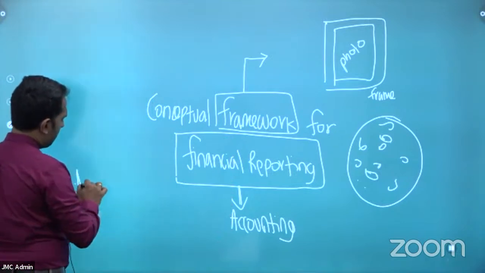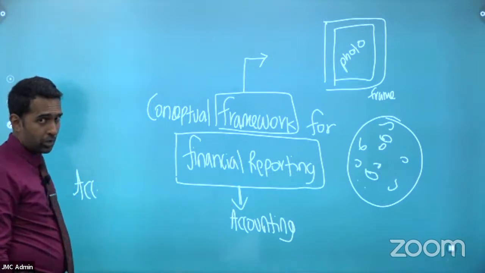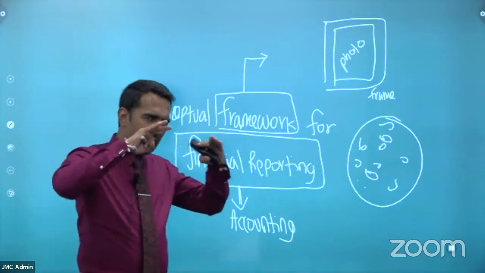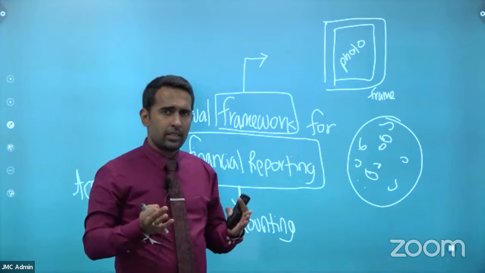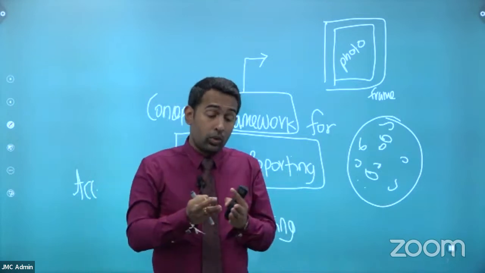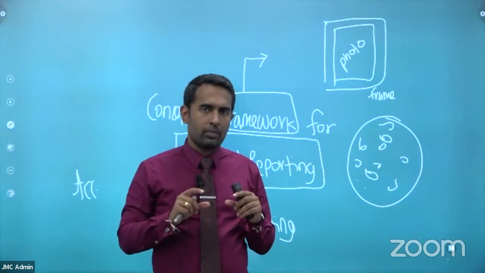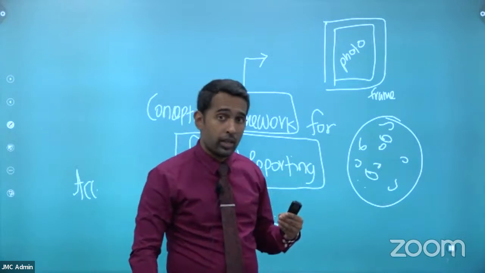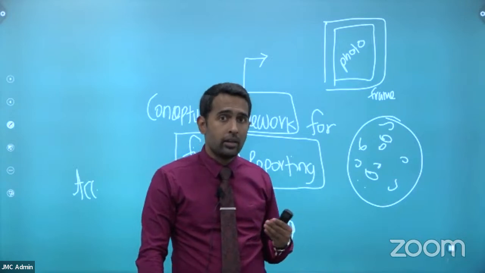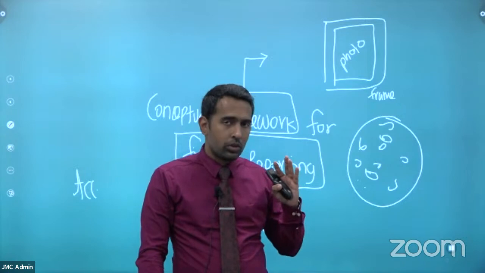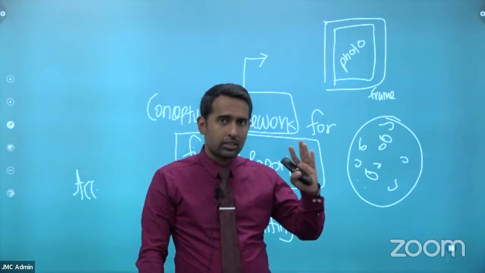Now, when it comes to accounting, there should be certain guidelines, a certain basis, a certain origin for us to develop the accounting. For us to do proper accounting, there should be a proper guideline, the rules and regulations and the customs and everything.